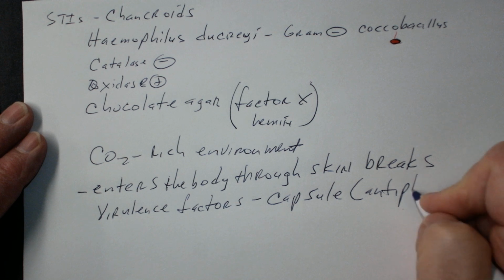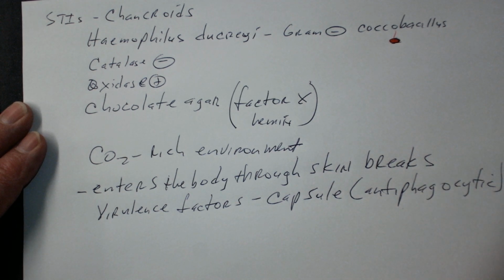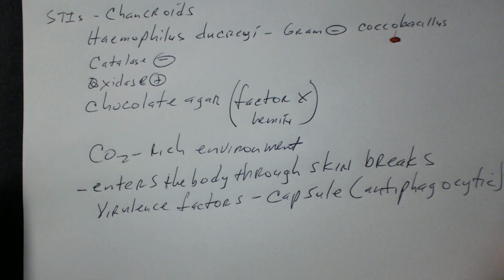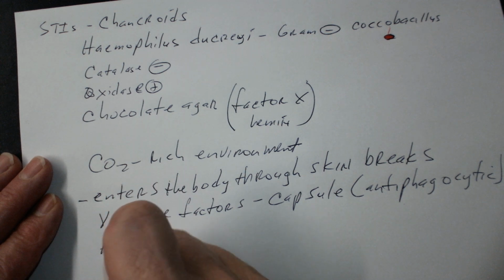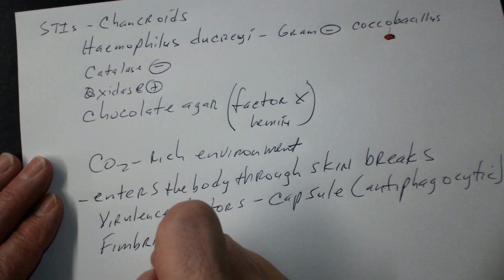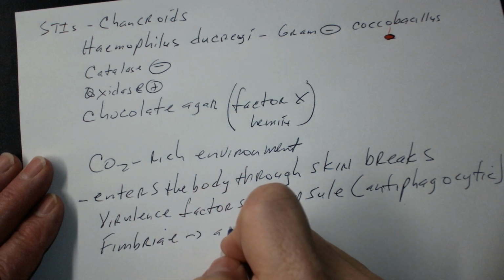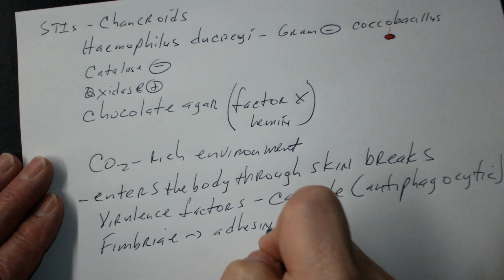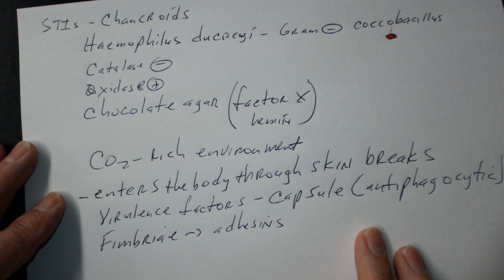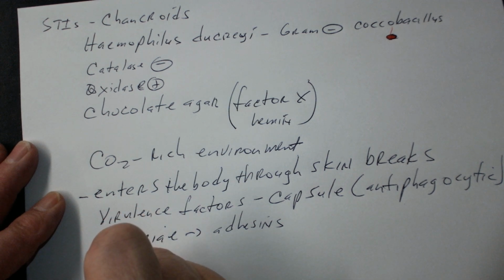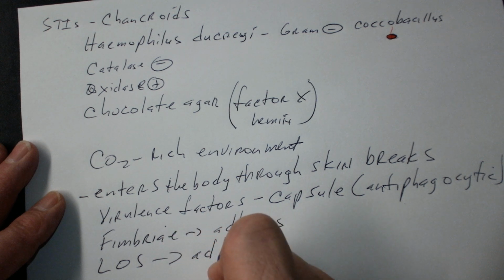That capsule is antiphagocytic. That'll protect it from PMNs and things like that. It also has several different types of fimbriae, and these are adhesins. So it'll attach to fibroblasts and what have you. It also makes lipo-oligosaccharide, which also functions as an adhesin.